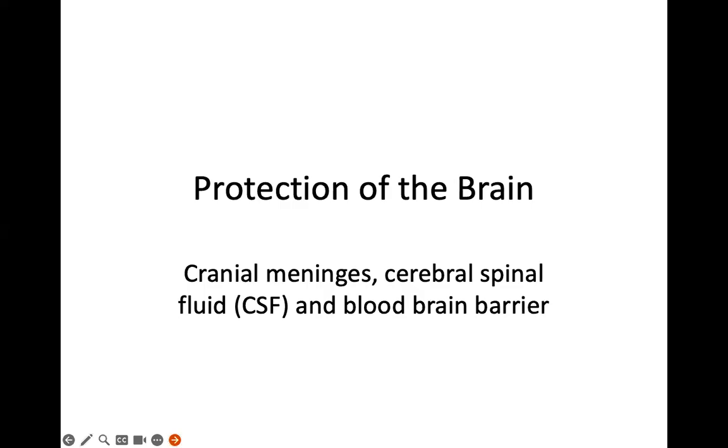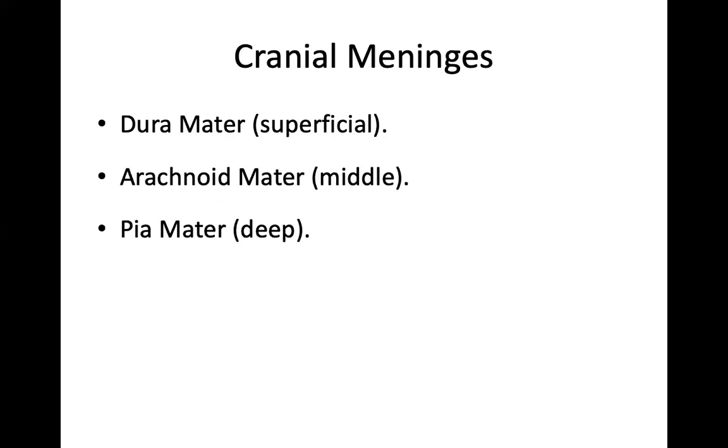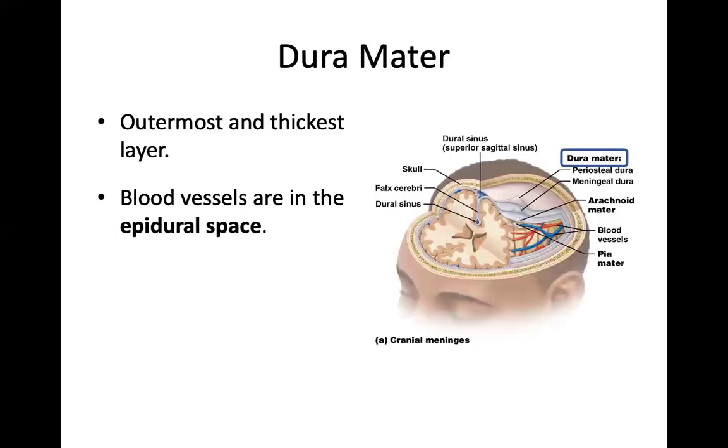Meninges. In previous lectures, you learned about meninges covering the spinal cord. Same thing here. Meninges cover the brain, which has three layers: DAP, dura mater, arachnoid mater, and pia mater. Dura mater is the outermost and thickest layer.